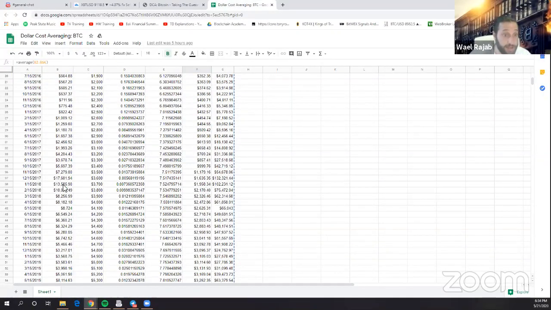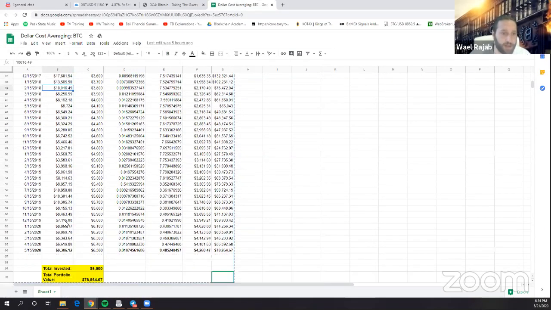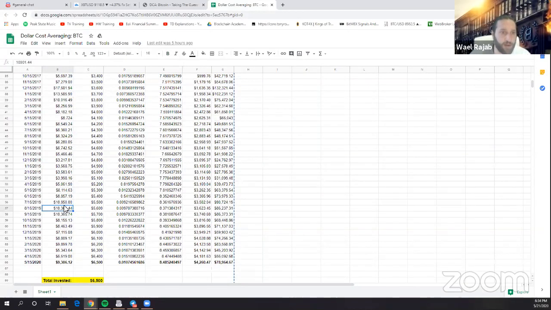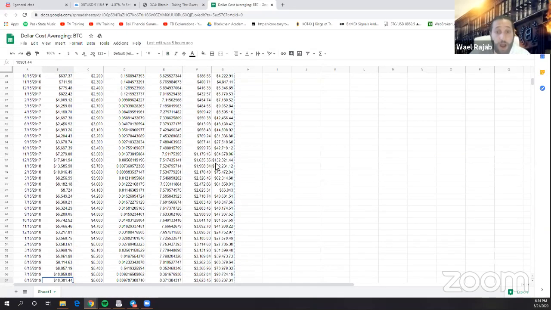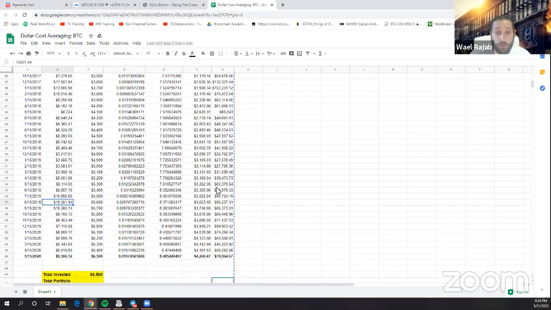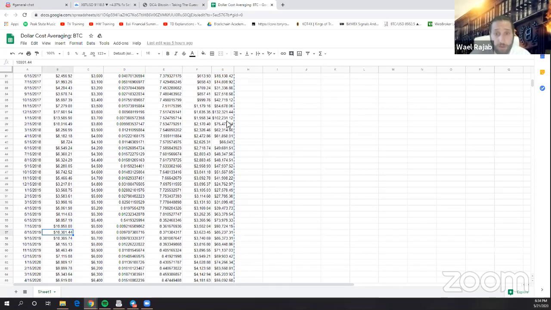We were buying at the top, 17,000, 13,000, 10,000, and it didn't stay at 20K for a long time. But look, even more buys, 10 grand, 10 grand, 10 grand. Our highest value of the portfolio was 132 grand. That is when Bitcoin hit 17K, 132K.